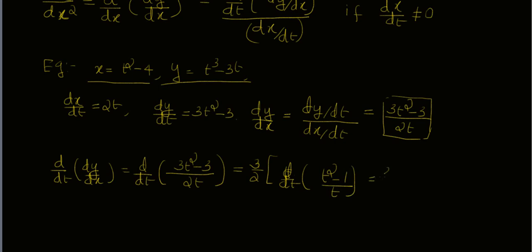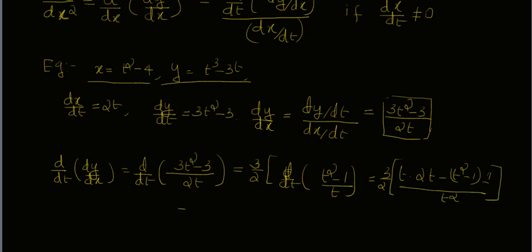So this is 3 by 2 into t into 2t minus t square minus 1 into derivative of t, which is 1, divided by t square.